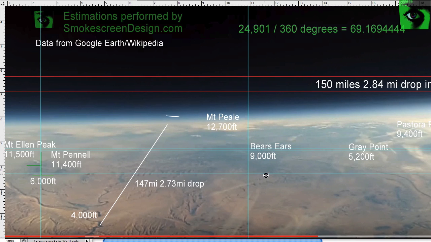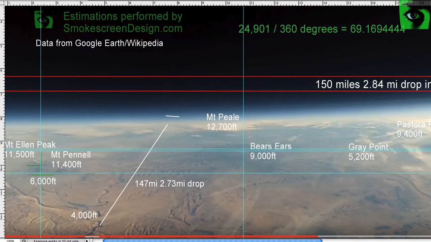Oh, put a new layer in here. Oh, come on. This thing is just really bugging me. Didn't even know if it drew a line. Oh, it did.